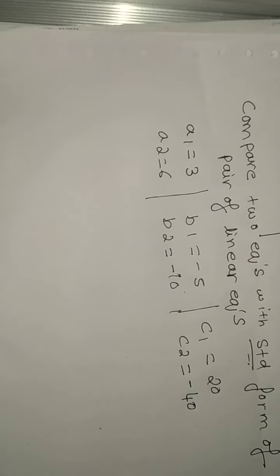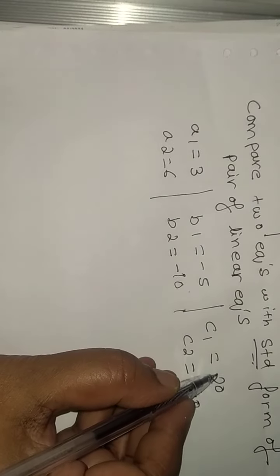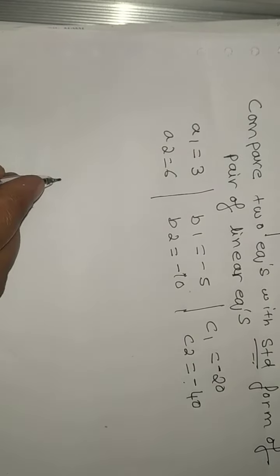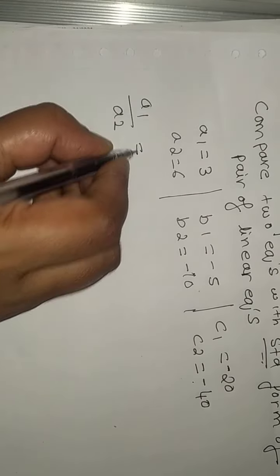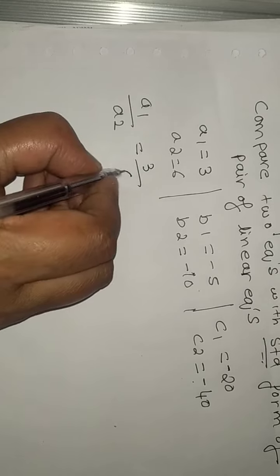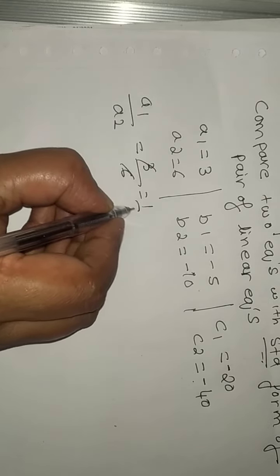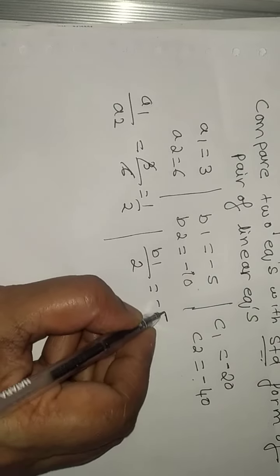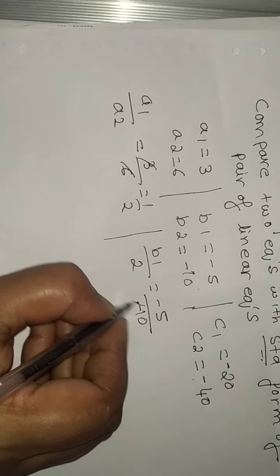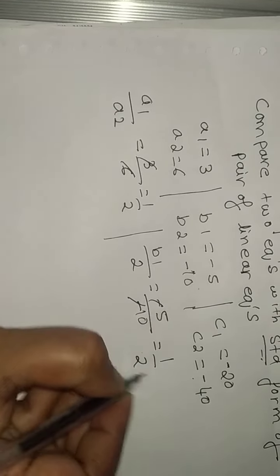Okay, minus 10, minus 20 here, minus 20 and minus 40. Now a1 by a2 is equal to how much? That is 3 by 6 is 1 by 2. Next, b1 by b2 is equal to minus 5 by minus 10 is 1 by 2.